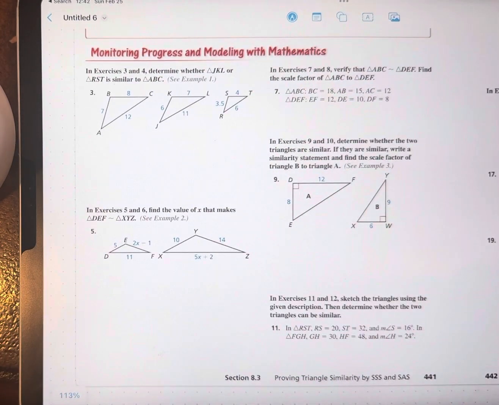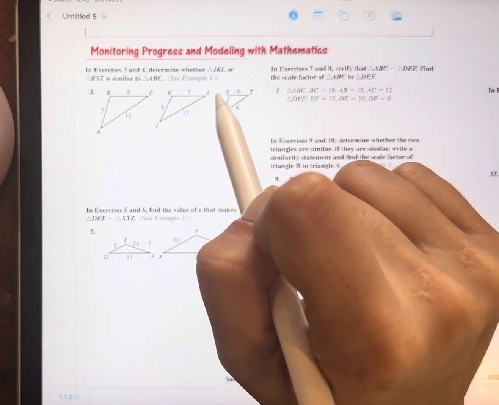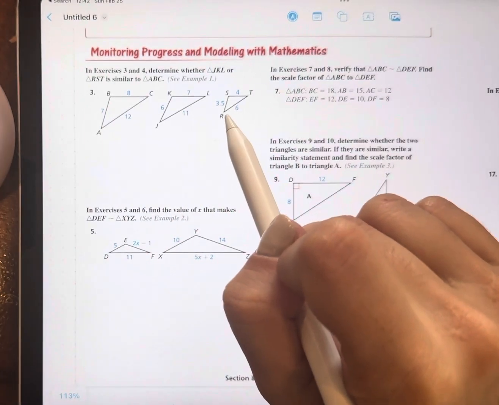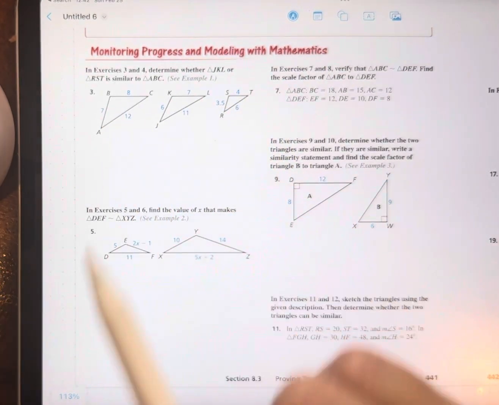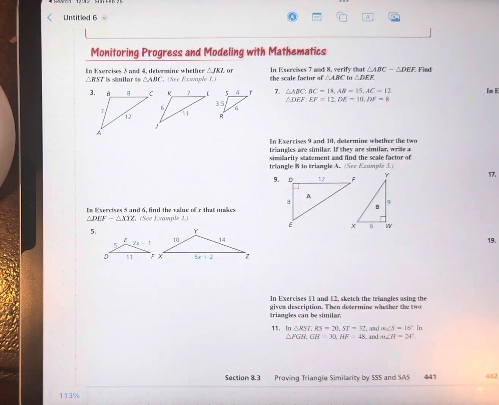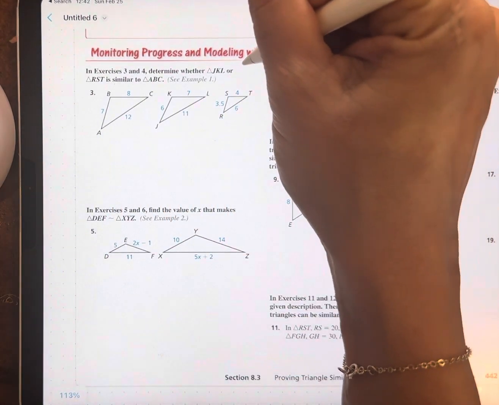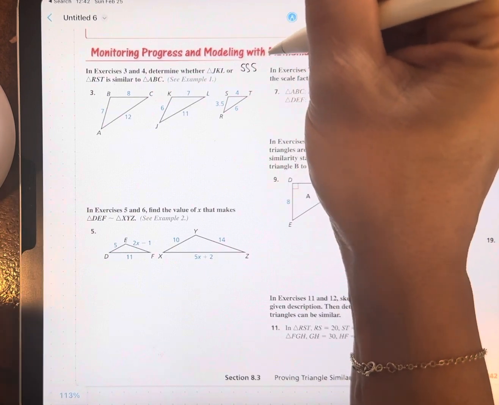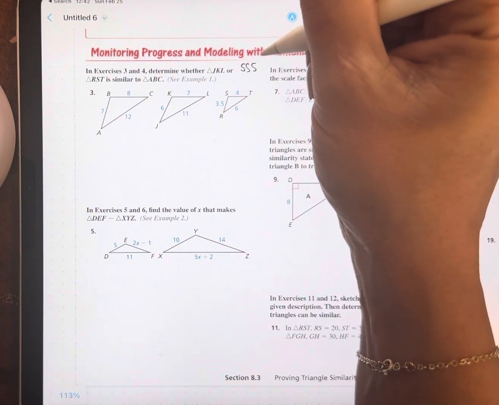Determine whether JKL is similar or RST is similar to ABC. Well, because we only have side lengths, no angles, we must do SSS, which is to check all 3 ratios.